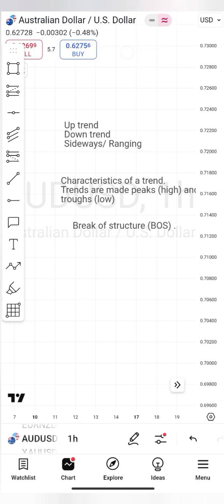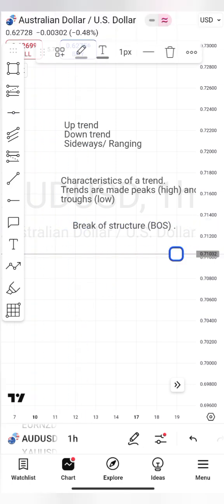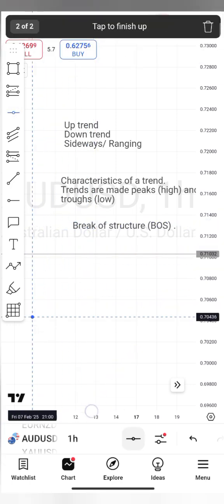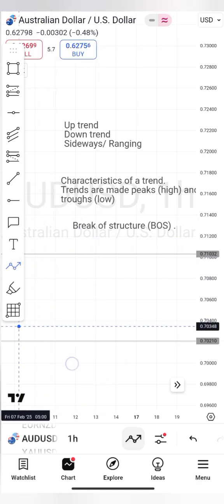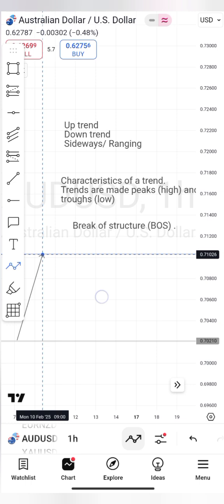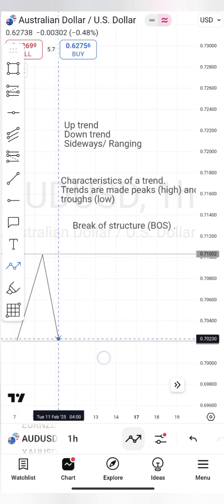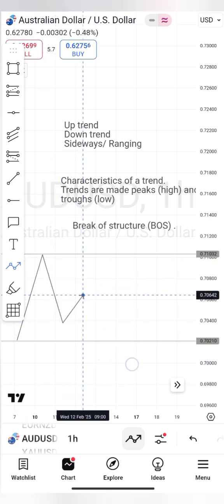Let me draw something that is more realistic for a ranging market. You have the market move like this, okay, move this way, move this way, move this way.